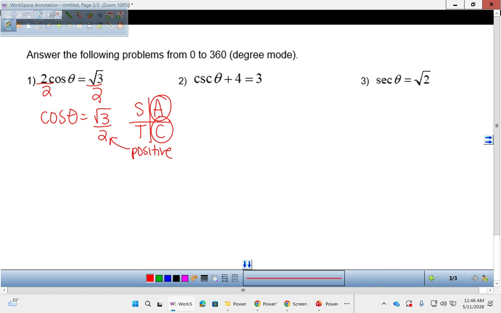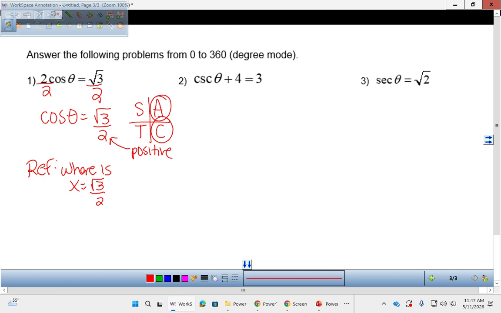And then I would use my unit circle to find my reference angle. To find my reference angle, I'd be looking for where is x root 3 over 2. I would change my question to where is y root 3 over 2 if the question was a sine question. Sine is y values, cosine is x values.